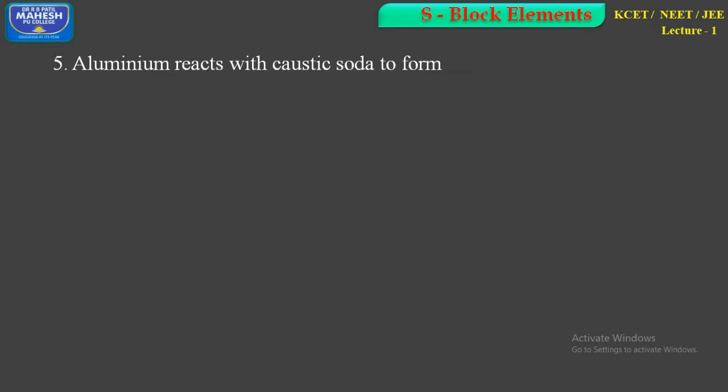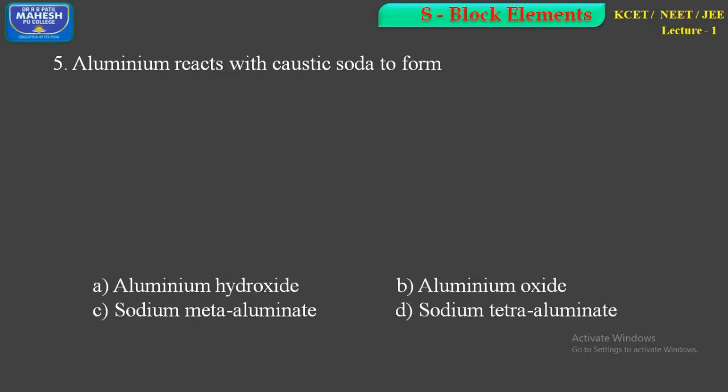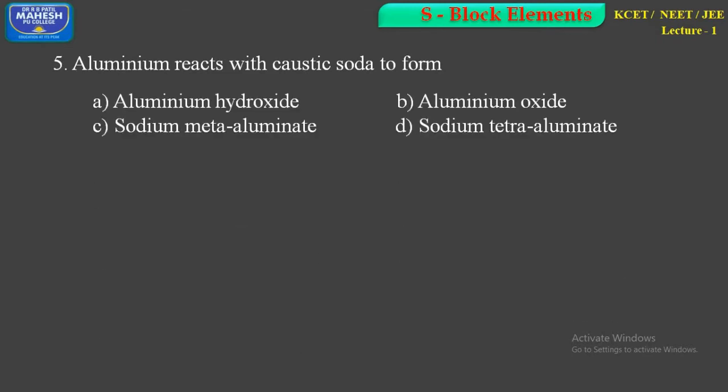Question 5. Aluminium reacts with caustic soda to form. Options are option A, aluminium hydroxide, option B, aluminium oxide, option C, sodium meta-aluminate, and option D, sodium tetra-aluminate.